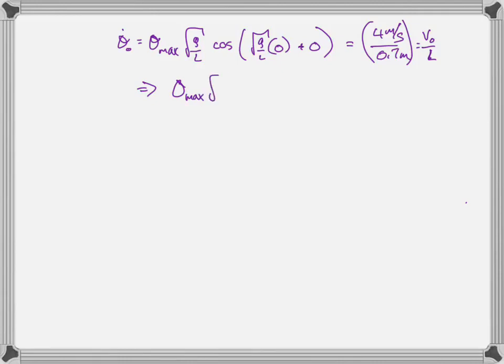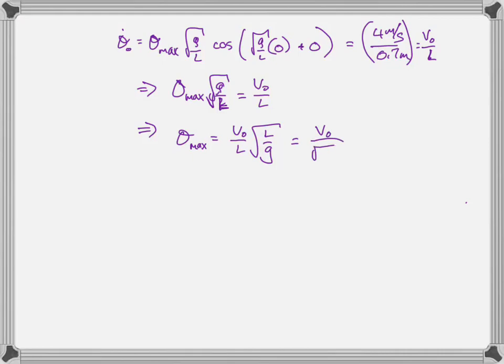Theta max times the square root of G over L is equal to V0 over L. Therefore, theta max, the amplitude, is equal to V0 over L times the square root of L over G. We can just leave it like that, or we can say it is V0 over the square root of GL. And I get 1.53 radians.